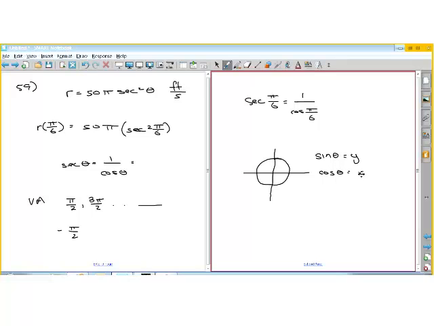So cosine is x. If you draw pi over 6 here, that's pi over 6, and this is pi over 3. Then you look down here: pi over 6 comes down to the one that's closer to 1 than the other way. Remember the numbers are 0, 1/2, square root of 2 over 2, square root of 3 over 2, 1.